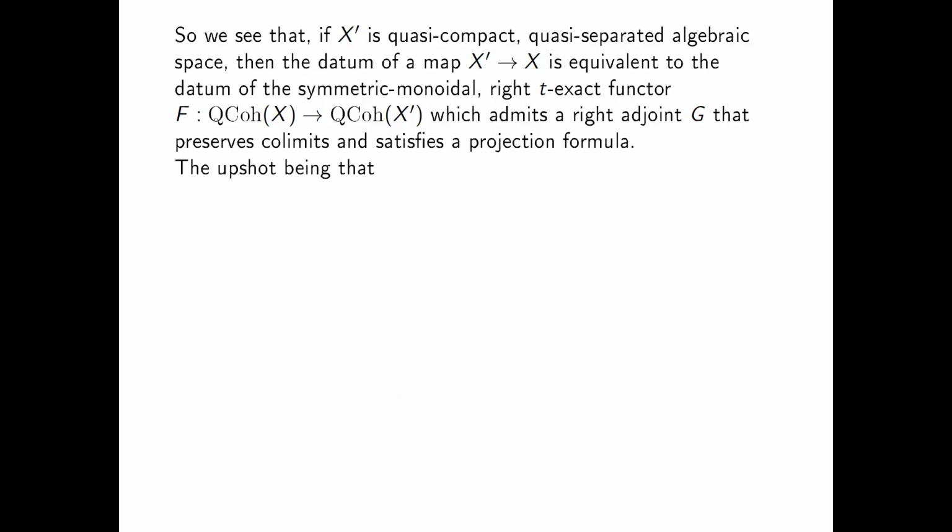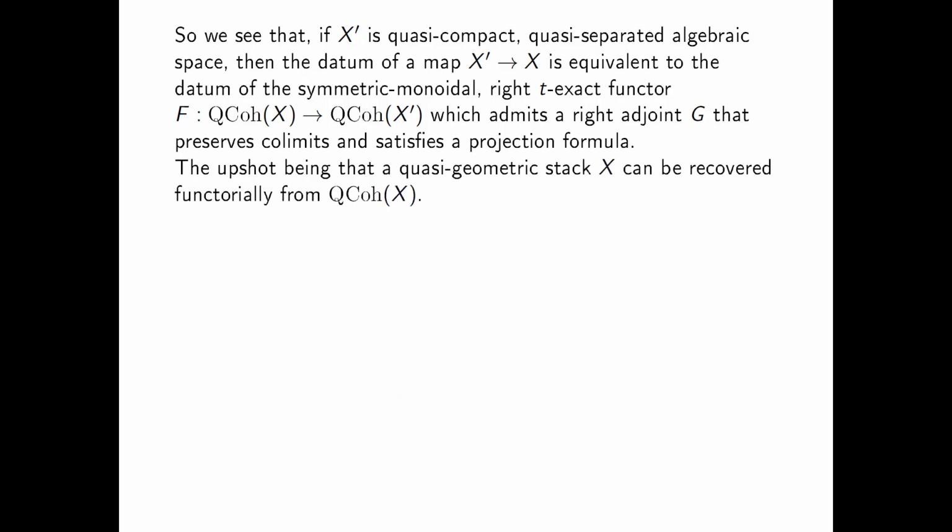That was basically the last statement. So what is the upshot? The upshot is that a quasi-geometric stack X can be recovered functorially from QCoh X. That is the Tannaka paradigm, the way I like to say it.